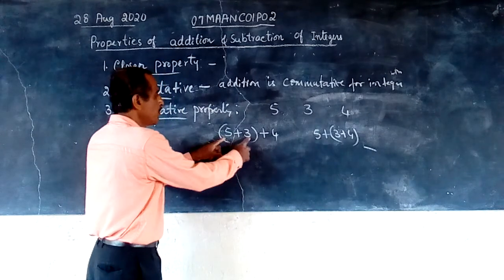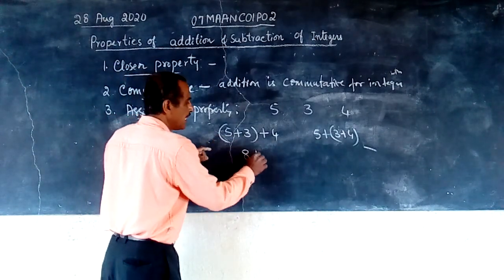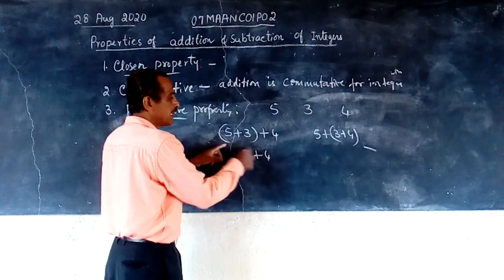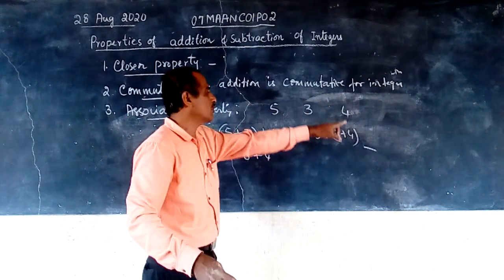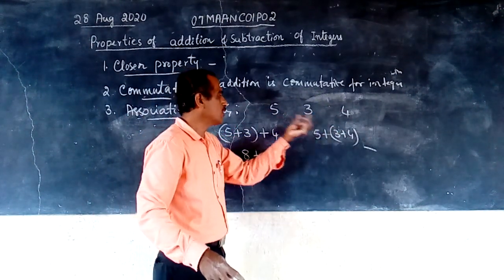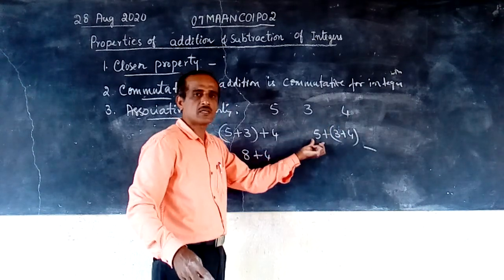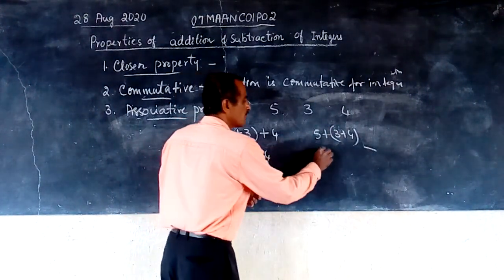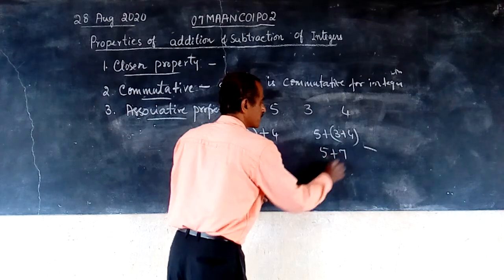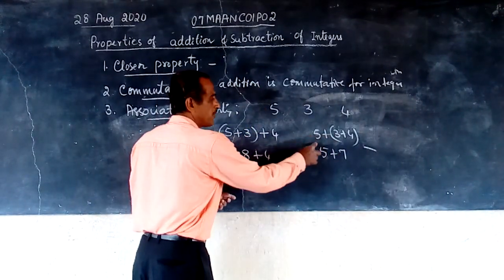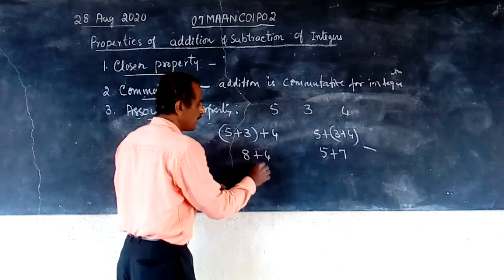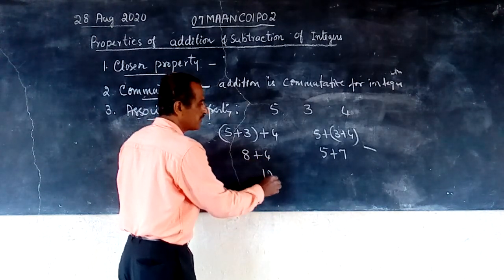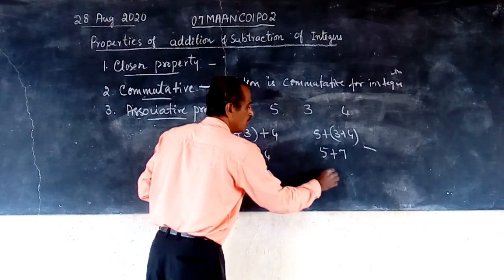Look at this. 5 plus 3 is equal to 8, then 8 plus 4. And here, if I group the next two numbers together, and to that sum I add the first one, what happens? 5 plus 7. So 8 plus 4 is equal to 12, isn't it? 5 plus 7 is also 12.